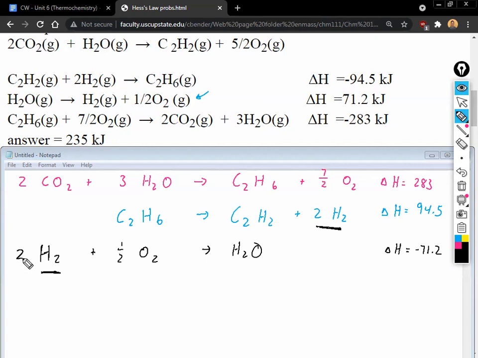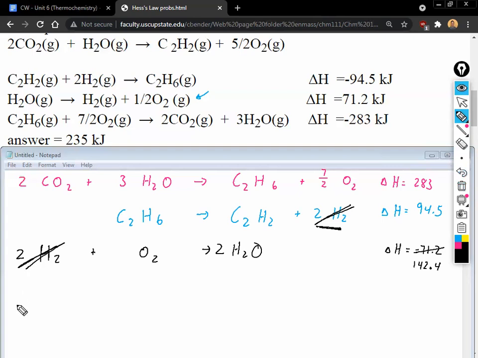So we're going to put a 2 in front of the H2. If you double 1/2, it just turns into 1. And we also want to double H2O. But if we do that, we need to double this value right here. And so that's going to turn into 142.4 kilojoules. Okay, so if we do that, we can cancel out the H2s.